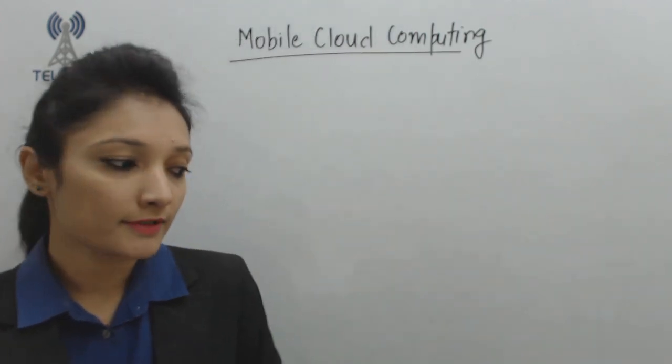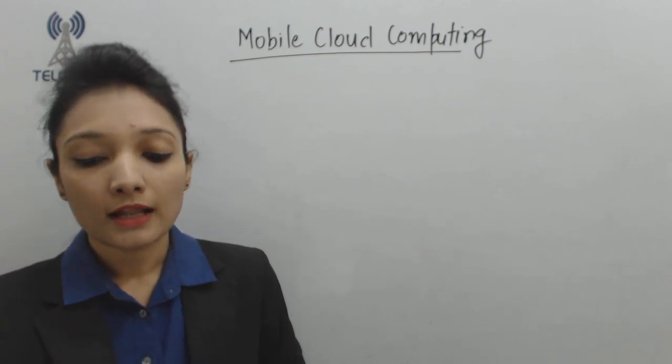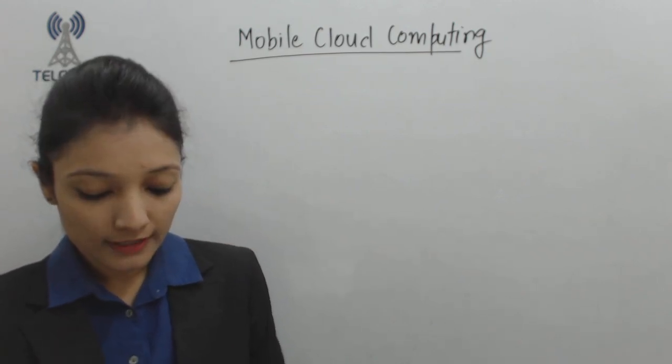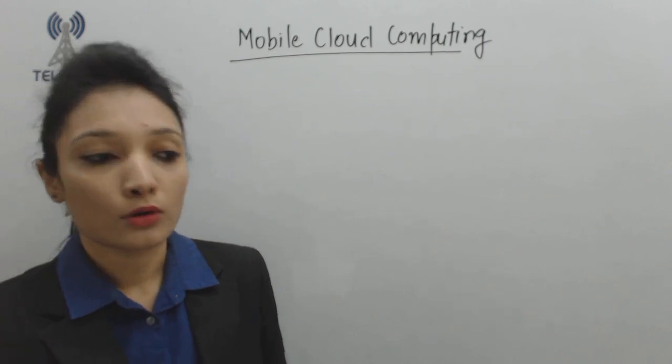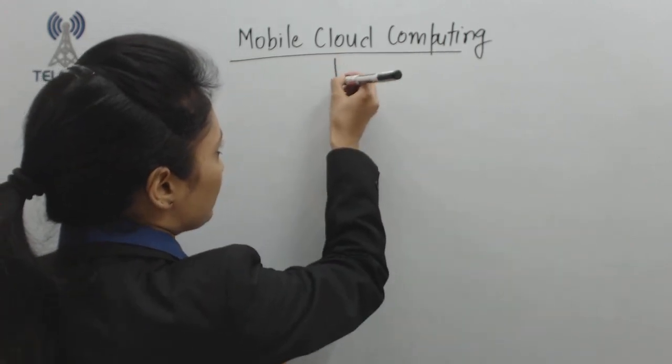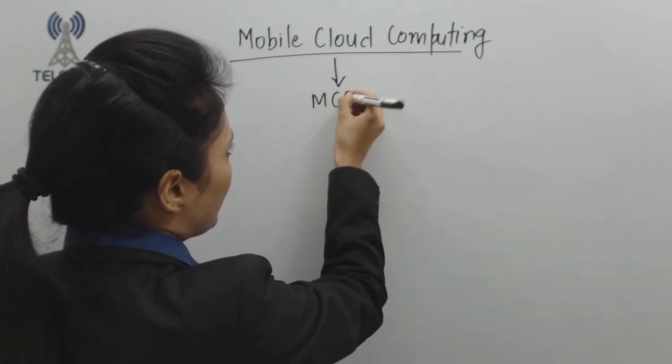Hello. So in this class of cloud computing, today we will study about mobile cloud computing. This mobile cloud computing is also referred to as MCC, that's your mobile cloud computing.